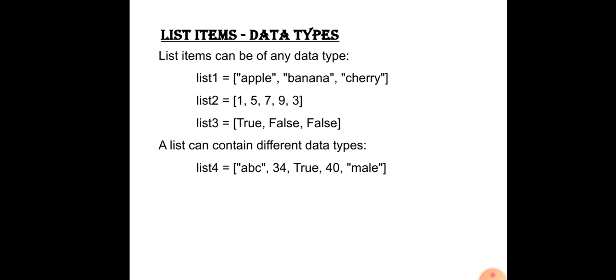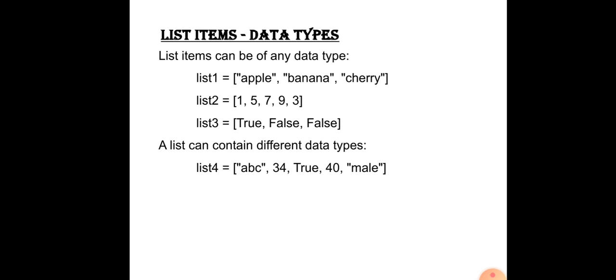A list can store items of similar data types, and also a list can store items of different data types.